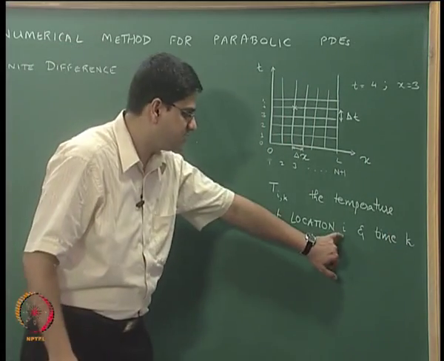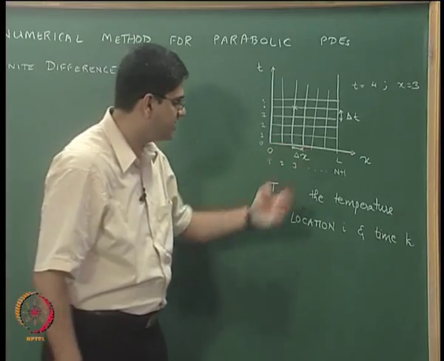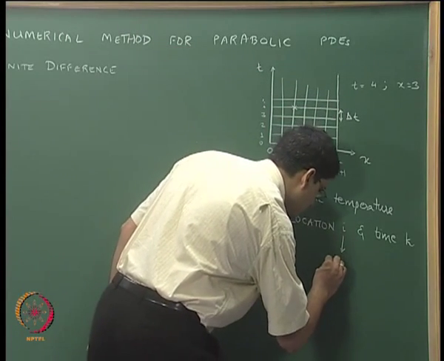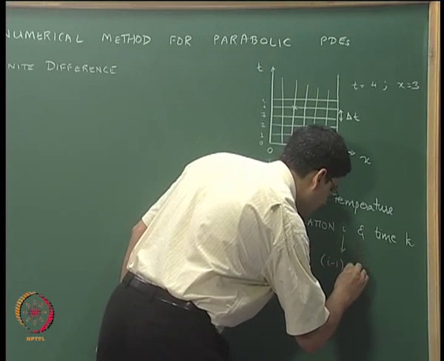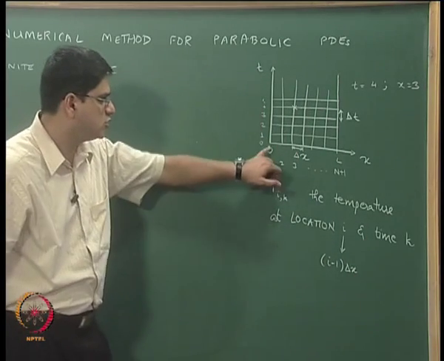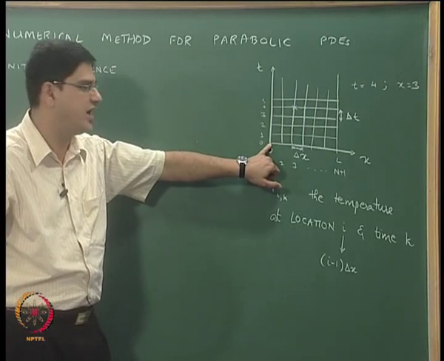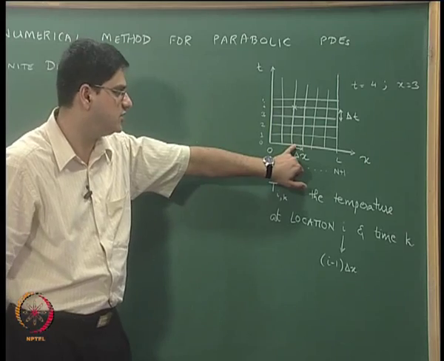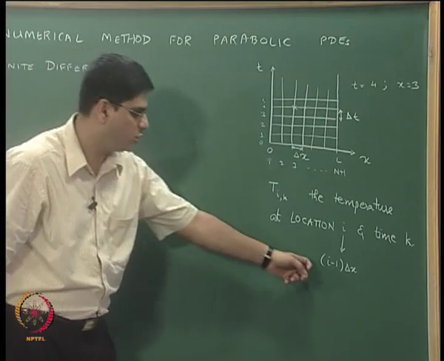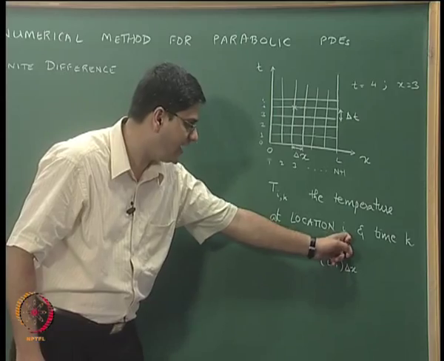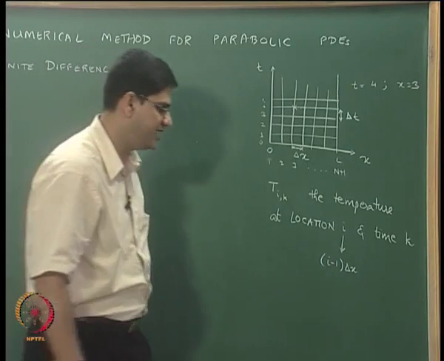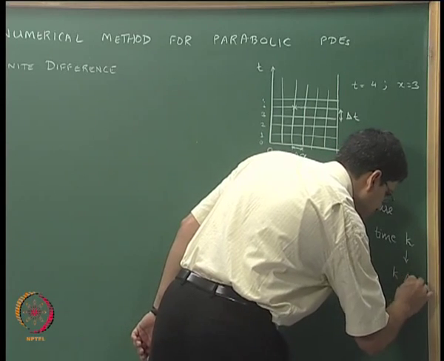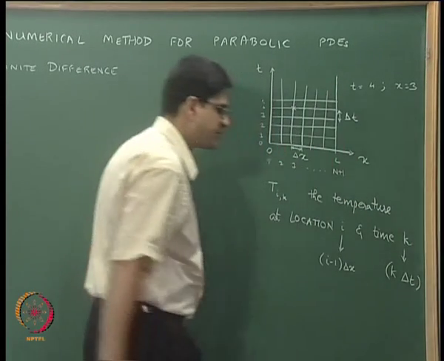So I is the location index, and if we want the actual x at this location, x is equal to (I minus 1) multiplied by delta x. So for I equal to 1 we have x equal to 0, for I equal to 2, x is equal to delta x, for I equal to 3, x equal to 2 delta x, and so forth. For I it is (I minus 1) multiplied by delta x, and at time k the actual time is k multiplied by delta t.